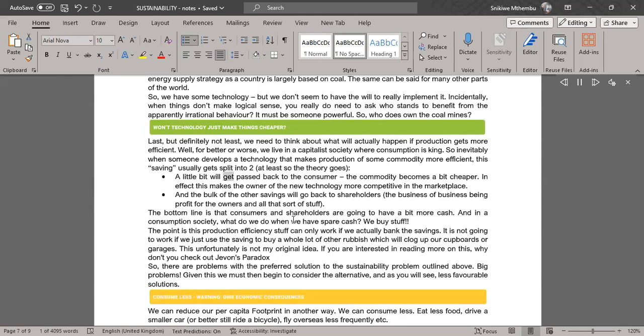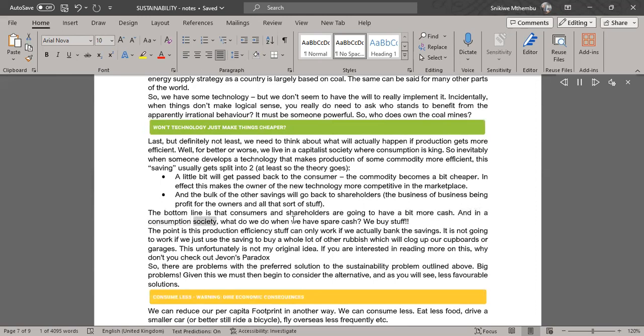A little bit will get passed back to the consumer, the commodity becomes a bit cheaper. In effect, this makes the owner of the new technology more competitive in the marketplace. And the bulk of the other savings will go back to shareholders, the business of business being profit for the owners and all that sort of stuff. The bottom line is that consumers and shareholders are going to have a bit more cash.